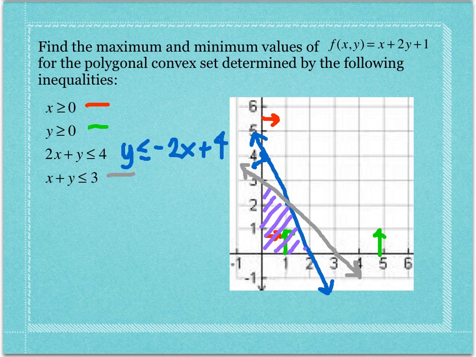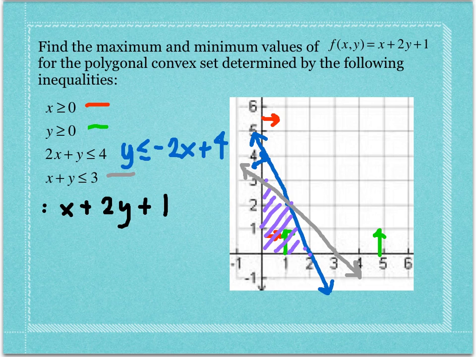What I want to check now, according to the vertex theorem, are the corner points. I'm going to check this point, this point, and this point with the function we had earlier, which was x plus 2y plus 1, to see what values I get.